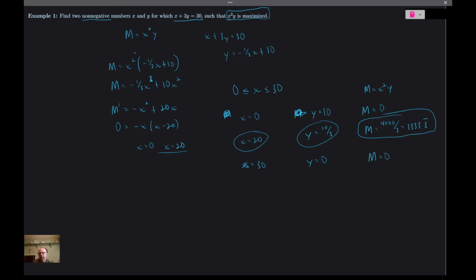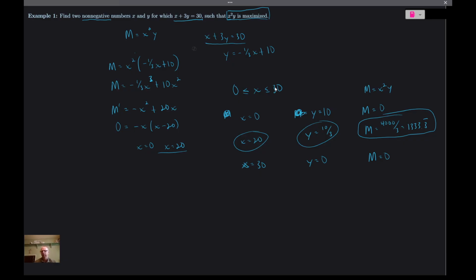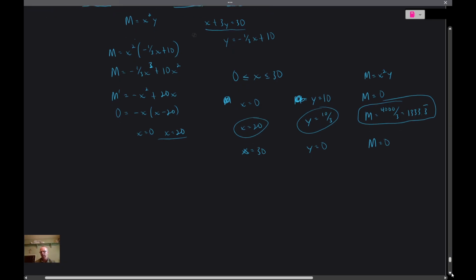And the constraint, this is what's called the constraint, will help you with that. And then, of course, you also need to consider your endpoints, because possibly, probably not, but possibly the maximum or minimum could occur at the endpoints. And if we were looking at the minimum, obviously the minimum would be at the endpoints, but not really too much mystery there in how you minimize x squared times y.